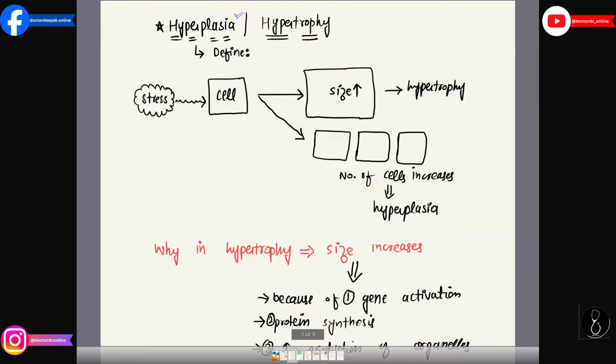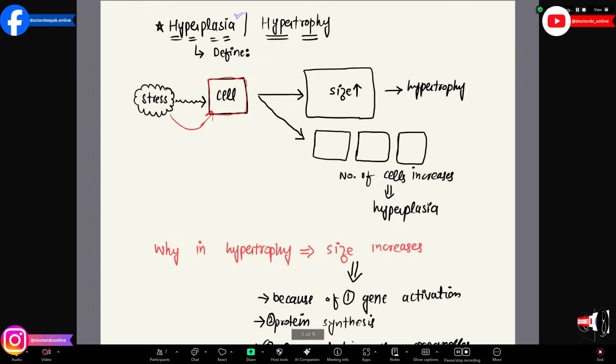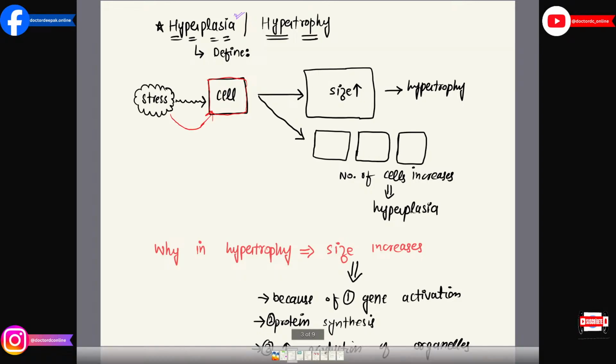Let's take an example. This is a cell in our body. When stress is placed on that cell, it will undergo further changes, because the cell is trying to handle this stress.